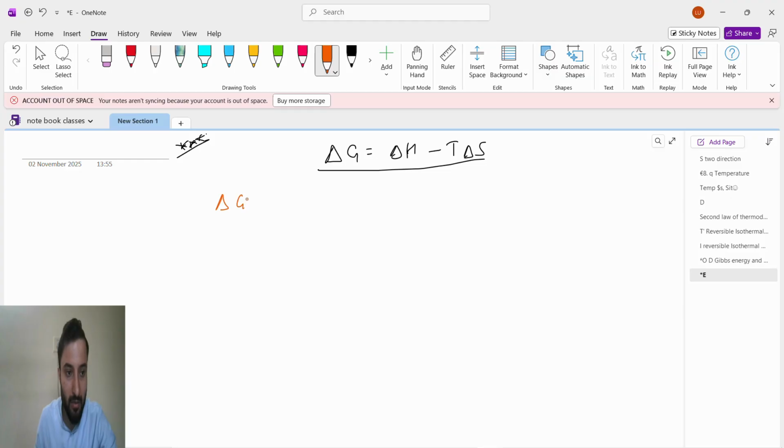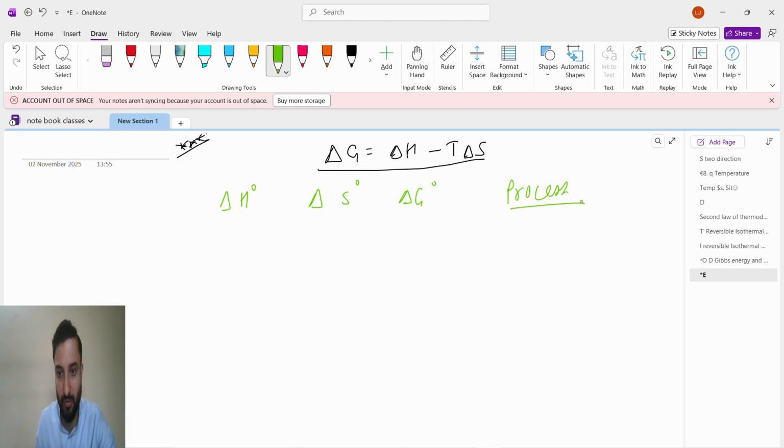This table is important guys. Delta H naught, delta S naught, delta G naught, and then we have to write what process will happen, for which process.